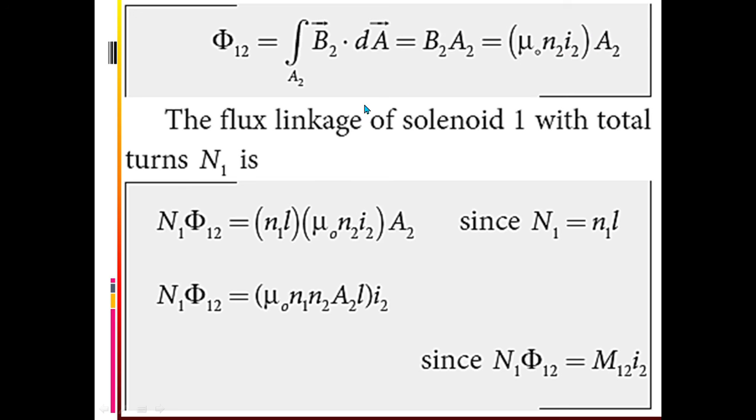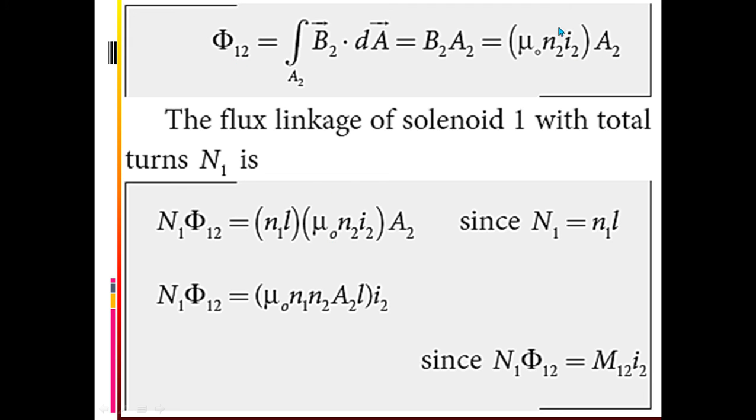The flux linkage of solenoid 1 with the total number of turns N1 is N1 phi 12. N1 can be written as small n1 into L, that is, the total number of turns in the first coil. Phi 12 is mu naught n2 I2 A2.